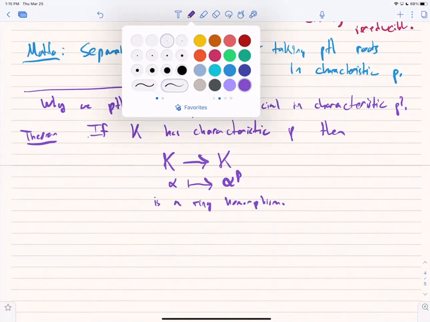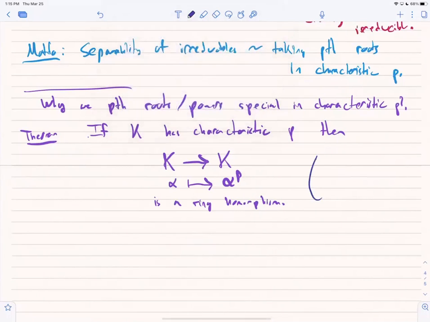Note, if I take the map from Q to Q that sends a rational number alpha to alpha squared, it does not satisfy alpha plus beta squared equals alpha squared plus beta squared. It's not additive.